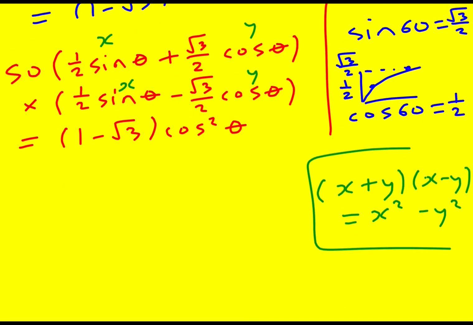We're therefore going to get a quarter, because a half sine theta times a half sine theta is a quarter sine squared theta. And then minus 3/4 cos squared theta.